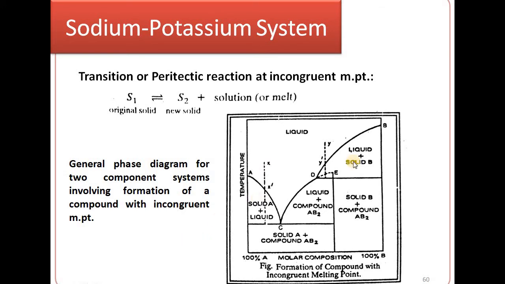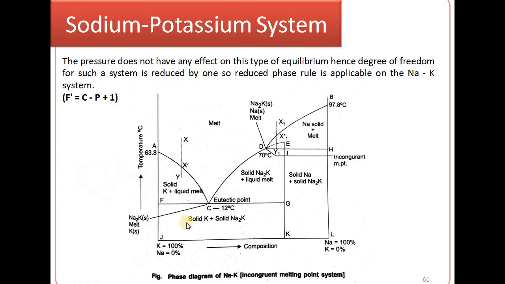Now we will study this general phase diagram by applying it to the sodium-potassium system. First of all, we are applying here the condensed phase rule, which is F' = C - P + 1.